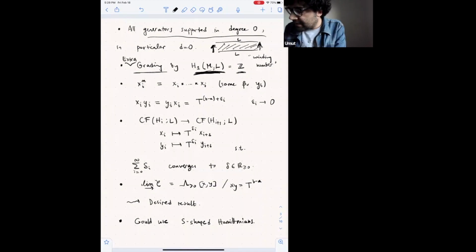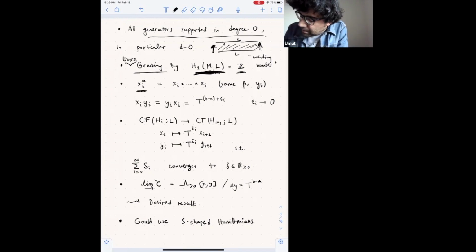Okay, so there's this extra grading, and with that it will be a graded module, a graded algebra. When you take two pure pieces and then take their product, their grades will add. Now I used this notation for the orbit, the chord of the ith Hamiltonian which winds around m times.